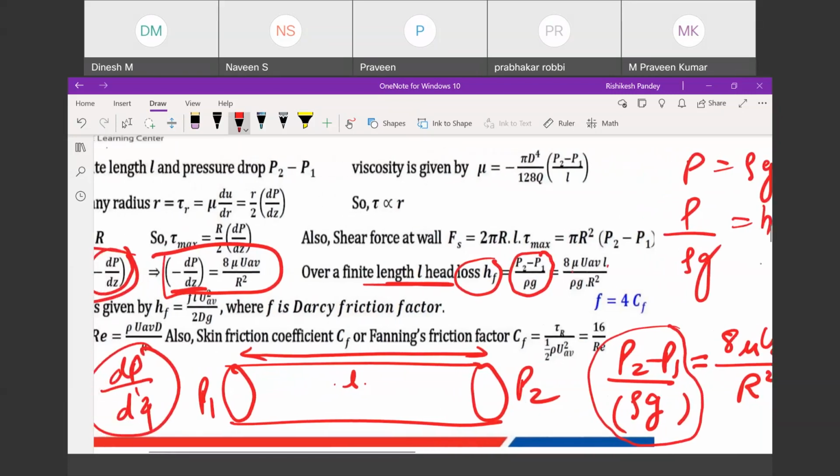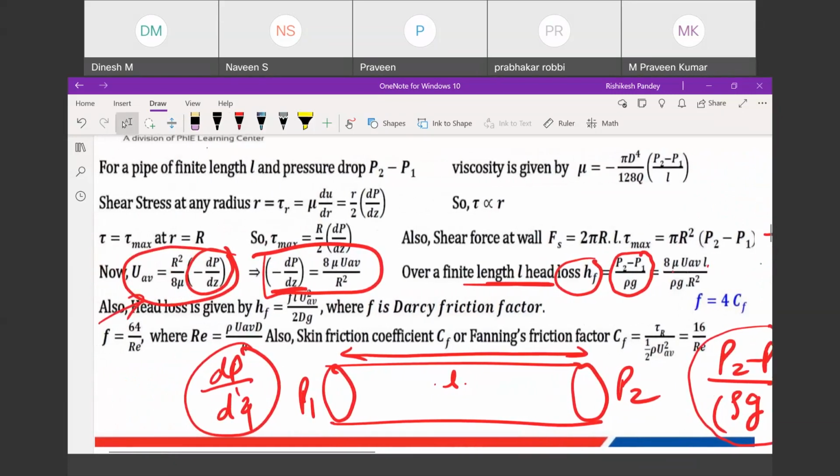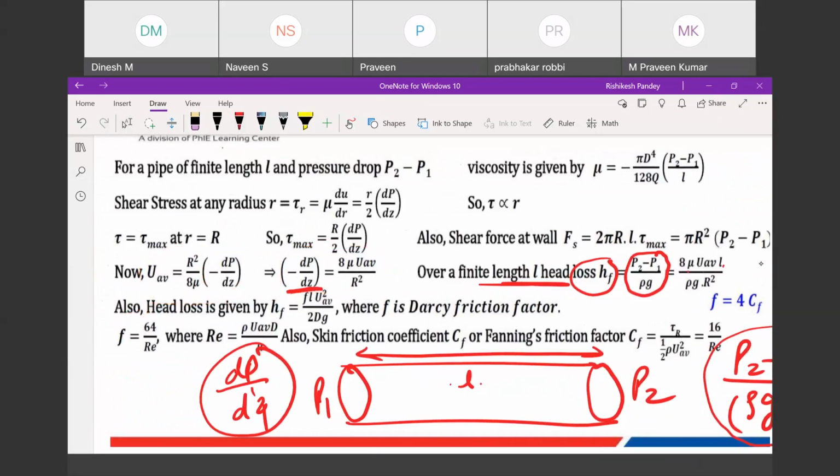Now the Darcy friction head loss. Very important equation. Darcy friction head loss, the major loss, what we have seen in the last class. It is HF equals FLV square by 2 dg.